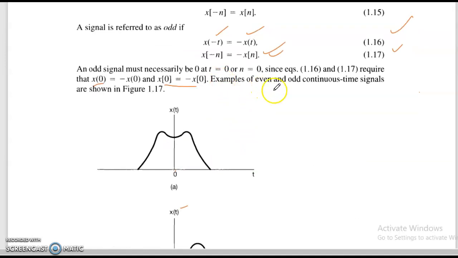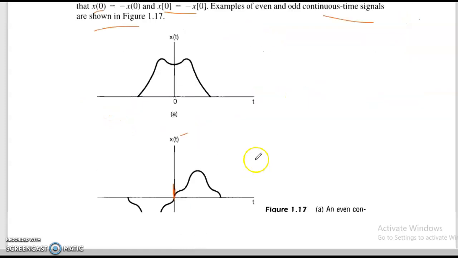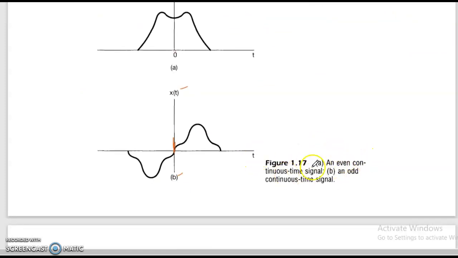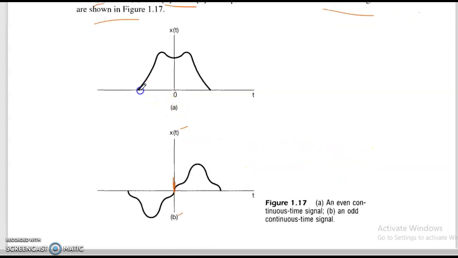Examples of even and odd continuous time signals are shown in figure 1.17. Here is an even continuous time signal. What is available on the negative side is the same as what is available on the positive side in the time reversal. This one started here, this one ended here; this start, this end.